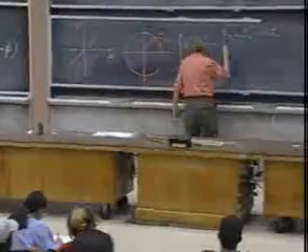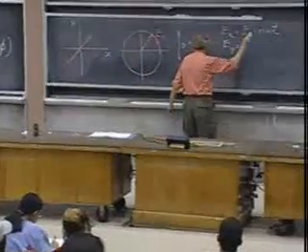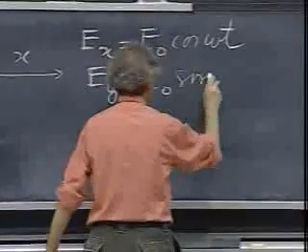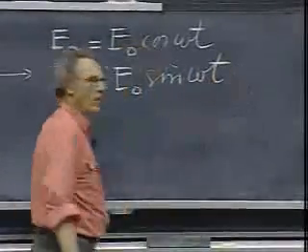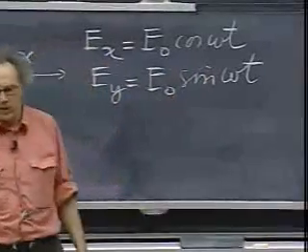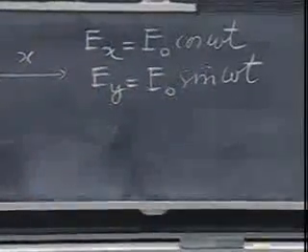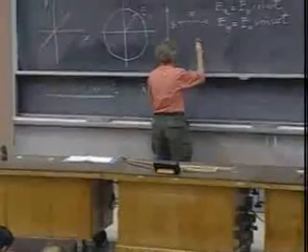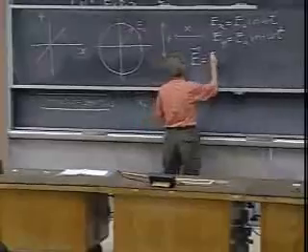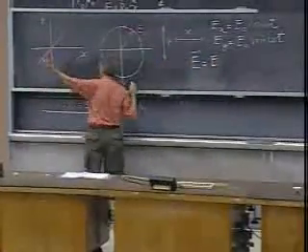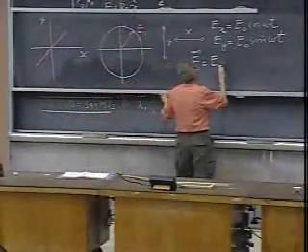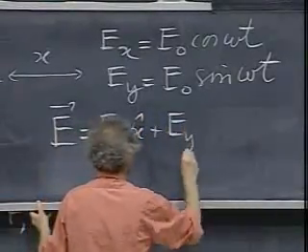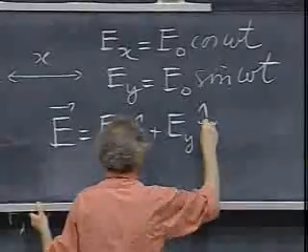And the one in the y direction must be 90 degrees out of phase, but must have exactly the same amplitude. So 90 degrees out of phase would, for instance, be sine omega t. Omegas must be the same to get circularly polarized radiation. And so the net electric field vector, the one that you will experience sitting here on the z-axis, will be Ex in the x direction plus Ey in the y direction.